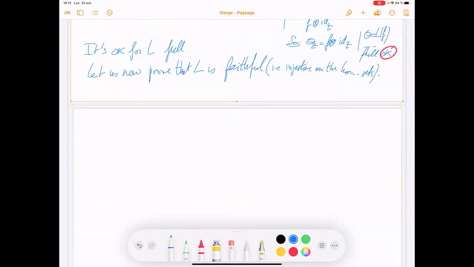So if you have L of f equal L of g for some morphisms f, g of C, we want to show f equals g.